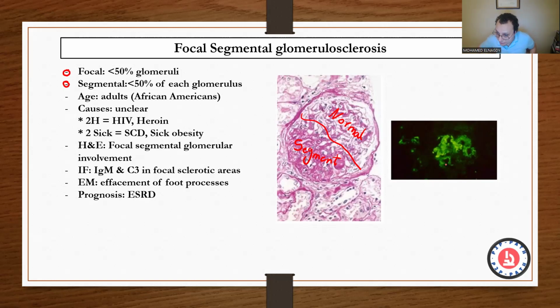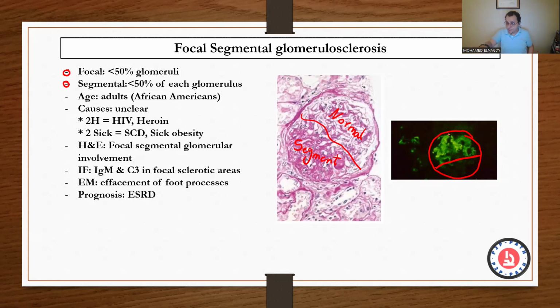And see, even on immunofluorescence, when they give you a picture of immunofluorescence, you can easily recognize the focal segmental glomerulosclerosis. You will have a glomerulus with half of the glomerulus lighting up because of the deposits of whatever, it's immune complex or immunoglobulin deposits or complement deposits.